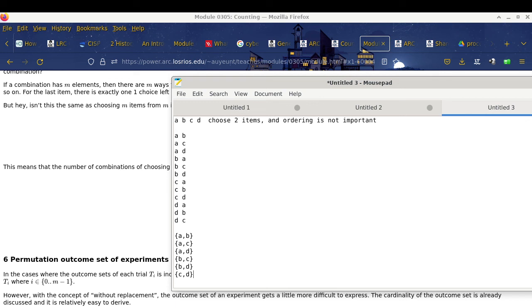But to figure out the number of combinations, I have 4 factorial as the numerator, and the denominator is 2 factorial times 2 factorial, which is 4. So it is 24 divided by 4, which is 6, exactly why we have these 6 combinations here.